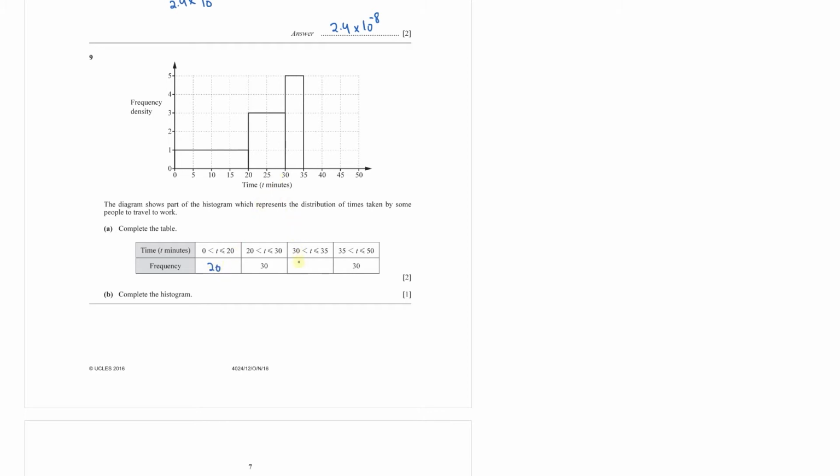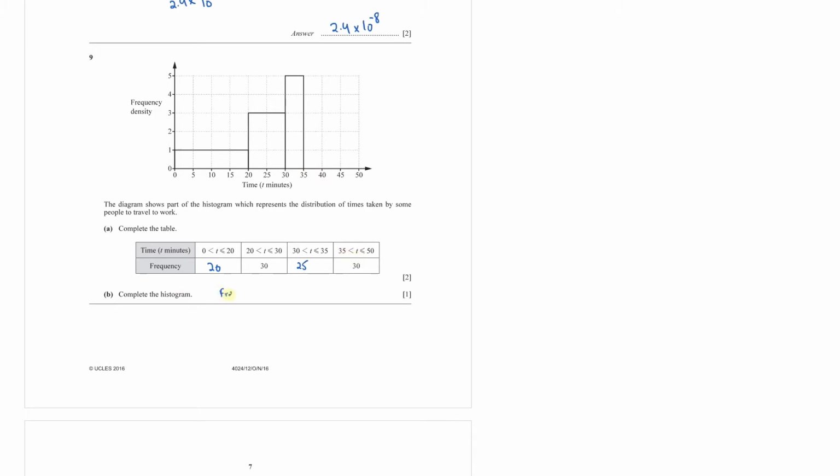Then the next missing value is for the interval from 30 to 35. Here the height is 5 and the width is 5 as well. So 5 times 5 is 25. And then we have to complete the histogram. The missing bar is for the interval 35 to 50.